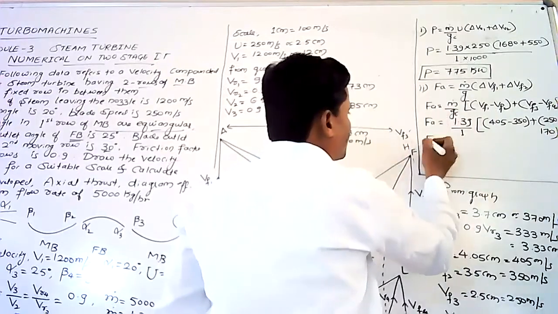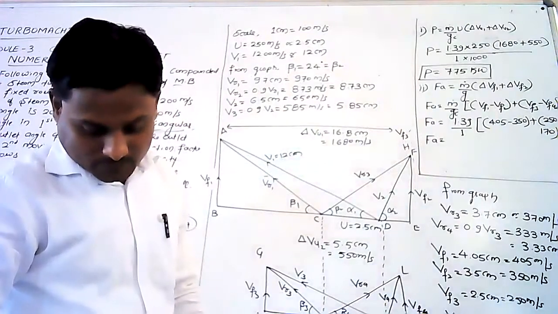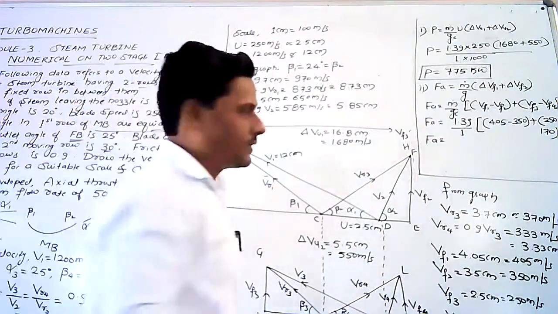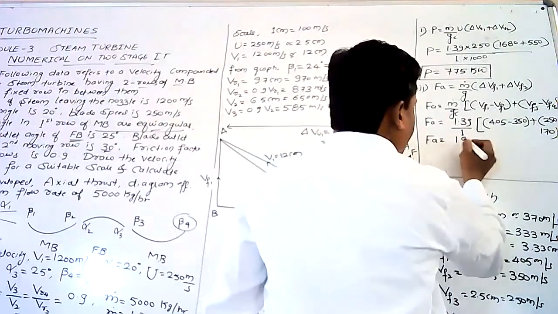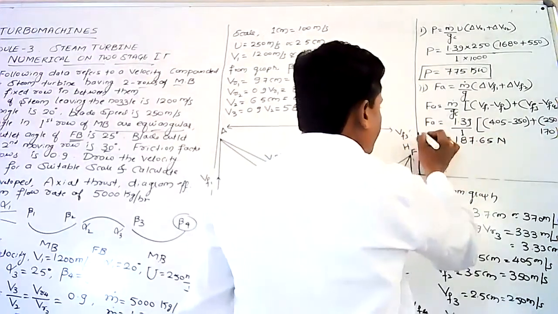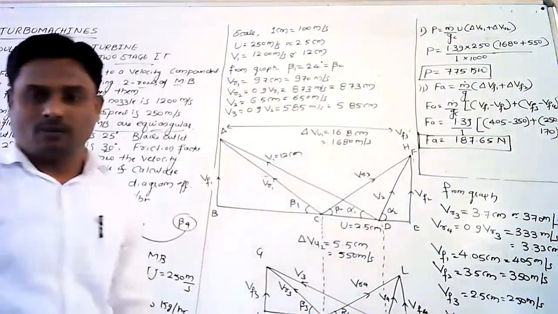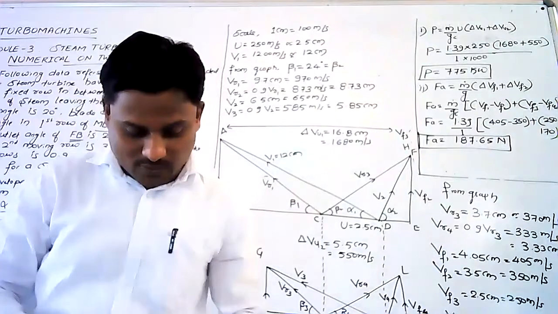Upon simplification, you will get the value of Fa as 187.65 newtons. This is the value for Fa, the axial thrust.